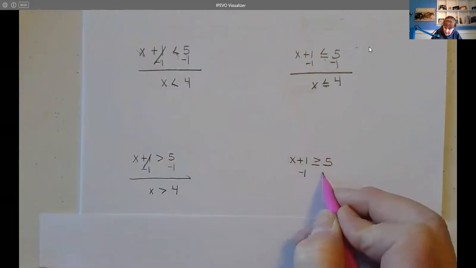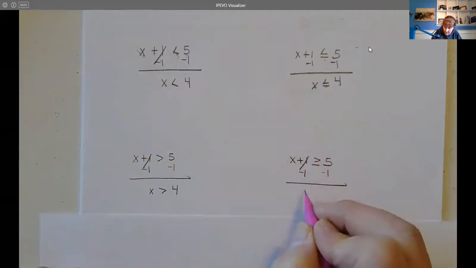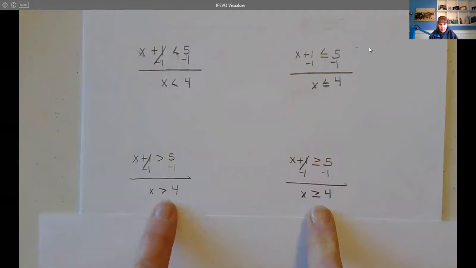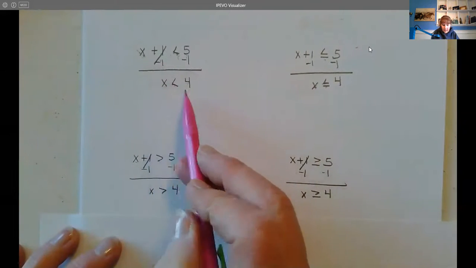Here, again, we should be getting used to solving this. The difference between these two is that this one would include the 4 as a solution, whereas this one would not include the 4 as a solution. Well, how do you graph these? How do you represent the solution on a number line rather than using what is called set notation?